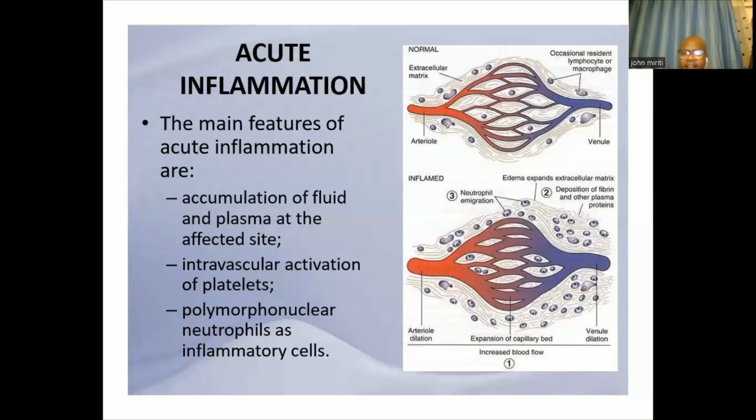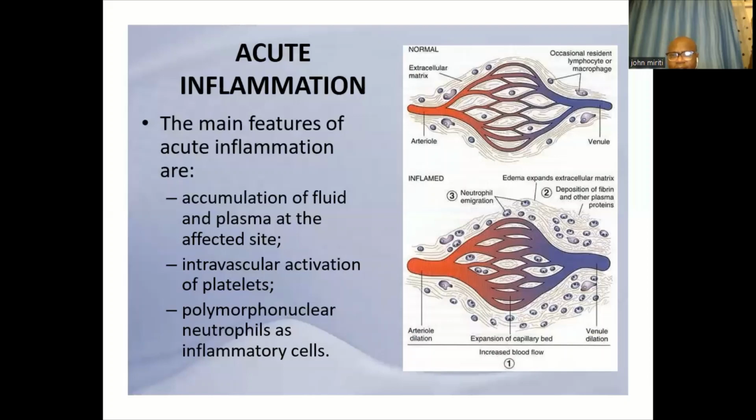And then there is expansion of the capillary bed, so that because of the increased blood flow from the dilated veins, you can see there is migration of neutrophils from inside the capillaries to the interstitial spaces, so that they can start fighting what is causing this inflammation.